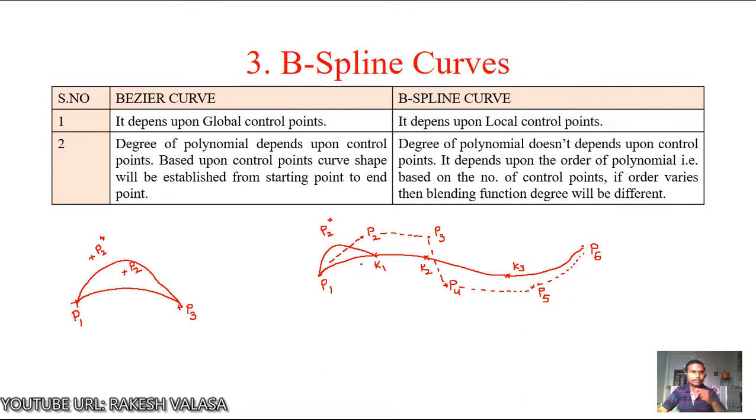That is the difference between Bezier curve and b-spline curve: in a Bezier curve, if you change any point, the complete shape will change; in a b-spline curve, only that segment of the curve will change.